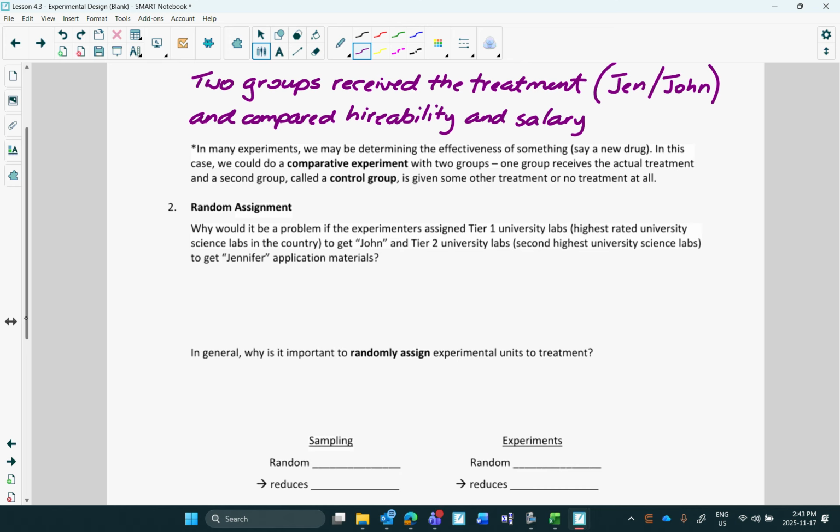Maybe if we had done it randomly, giving the top tier half John, half Jennifer, and the second tier half John, half Jennifer, and then compared the results, one would think that would give us a more accurate result. Okay. So this would create confounding.